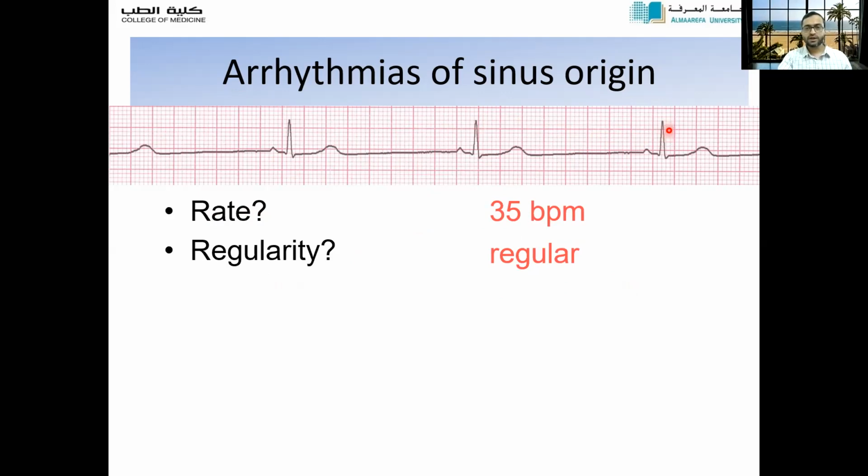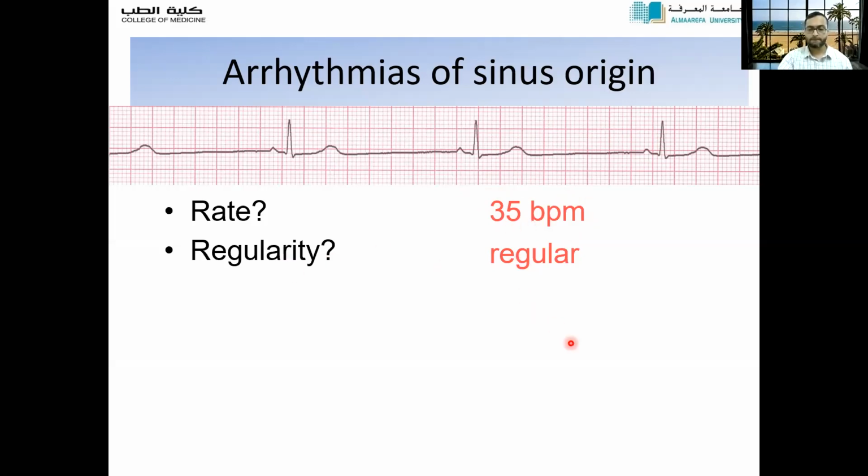So the distance to the next R wave is more than 8 big squares. If you use the formula with the small squares, because the second R wave is not falling on the darker line, the heart rate measured here is 35 beats per minute. We know that the normal range is 60 to 100 beats per minute.